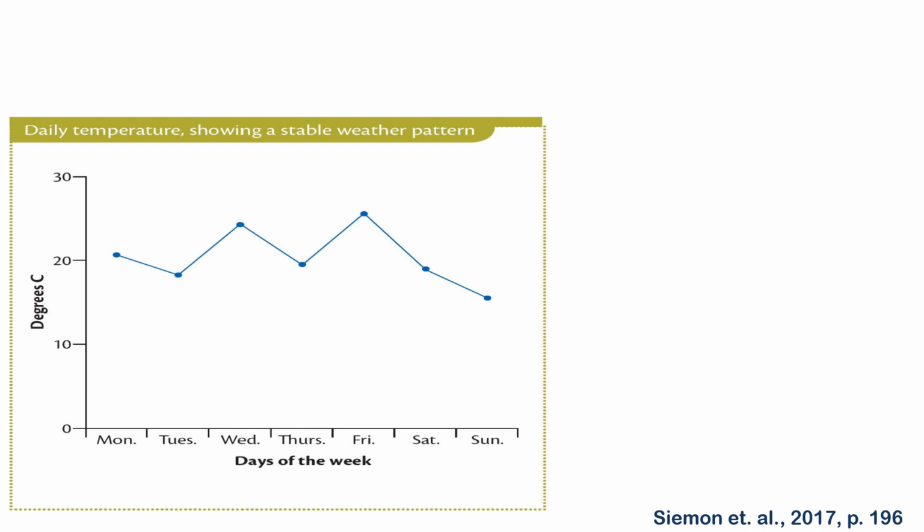We could estimate roughly, we don't need to know exactly, that on Friday the highest temperature was about 26 degrees Celsius. The lowest, although pretty close, was on Sunday, about 16. Excuse my croaky voice. So we can interpret that, and we use a line graph because temperature is continuous.